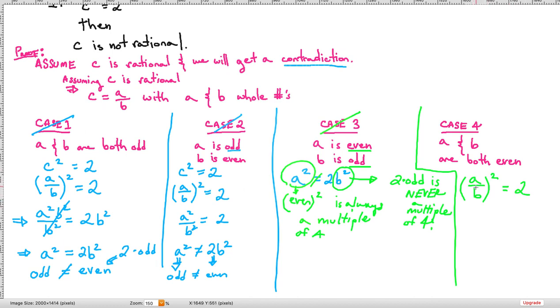But if I find 2 even numbers that when I divide them and then square give me 2, then one of the other 3 cases must be true.